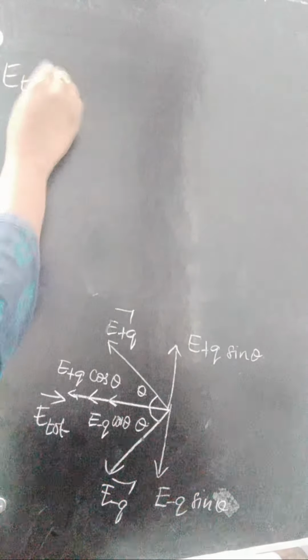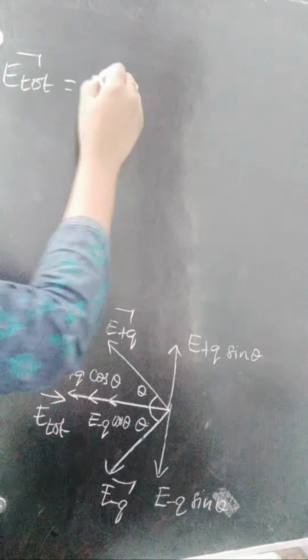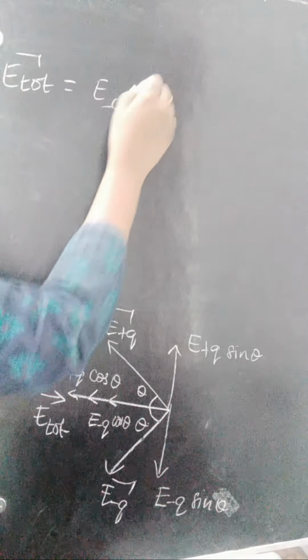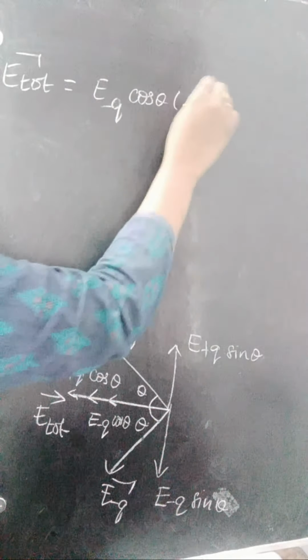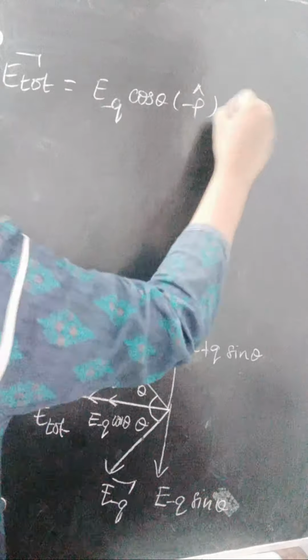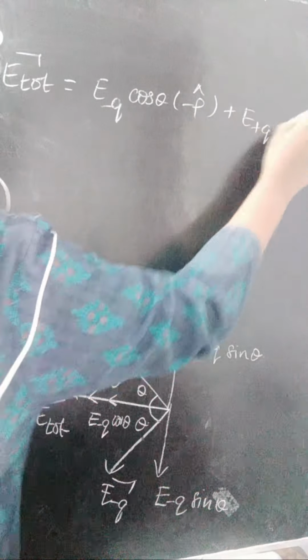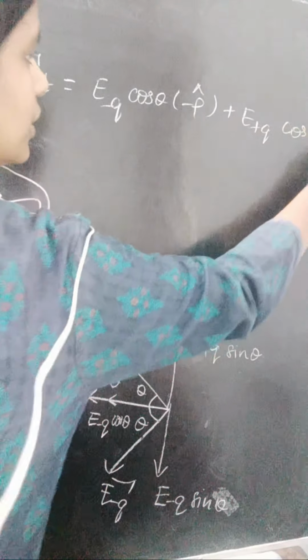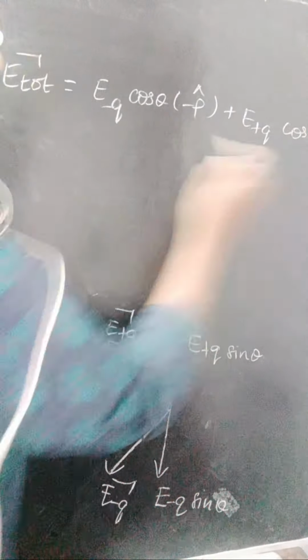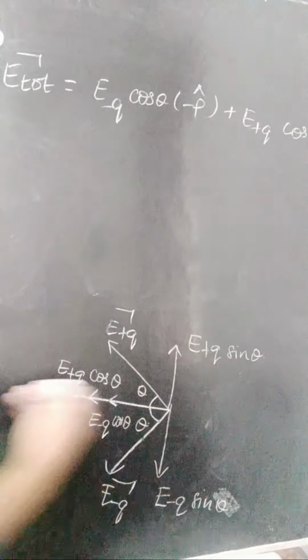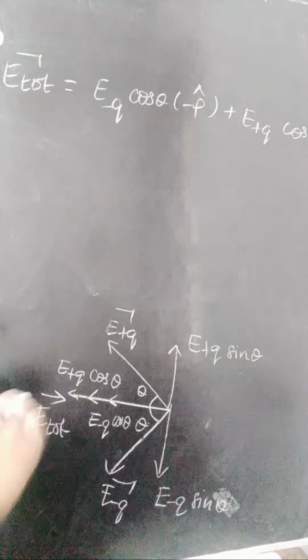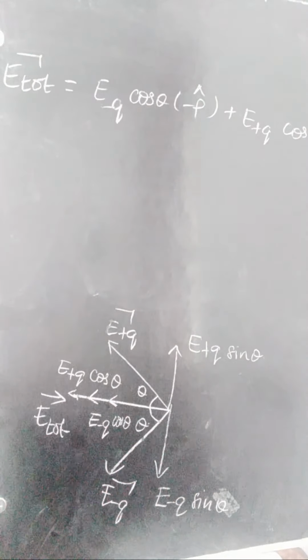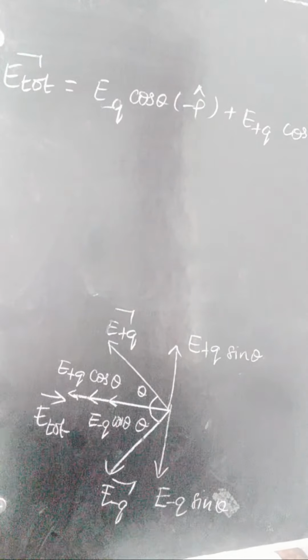E total vector will be E minus Q cos theta into minus P cap plus E plus Q cos theta into minus P cap. Why am I taking minus? Because both are lying along the negative x-axis. So it will be minus P cap and minus P cap.